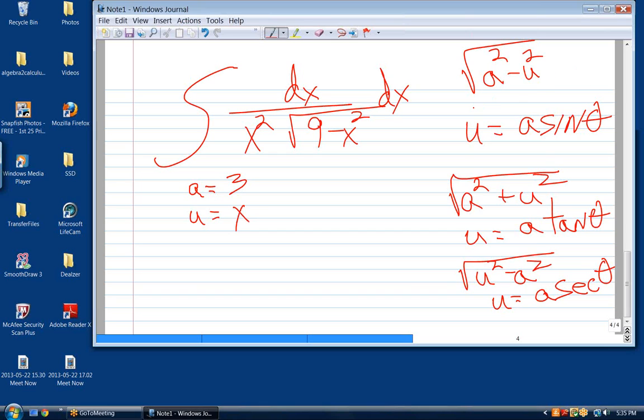In other words, we have a squared minus x squared, so 3 squared minus x squared is our a squared minus u squared. Now we're told to let u equal a sine of theta, so I'm going to let x equal 3 sine of theta.